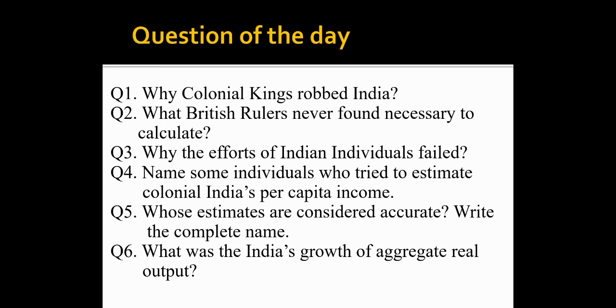You just have to give the names. Question number 5 says: whose estimates are considered accurate? Write the complete name. You have to identify and write down the complete name of the person whose estimates were accurate.